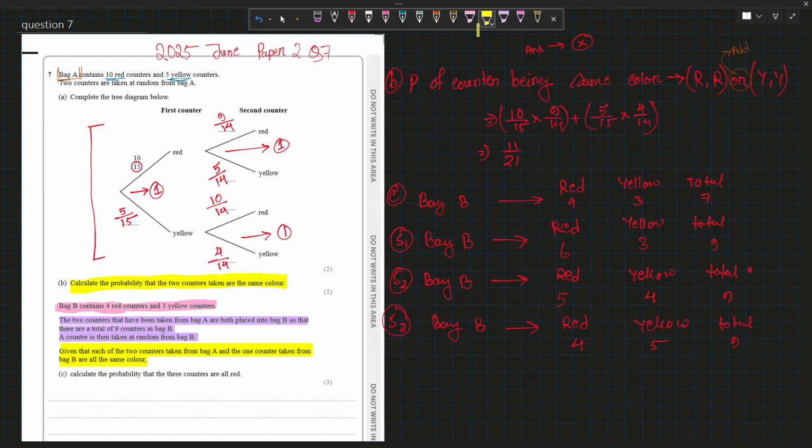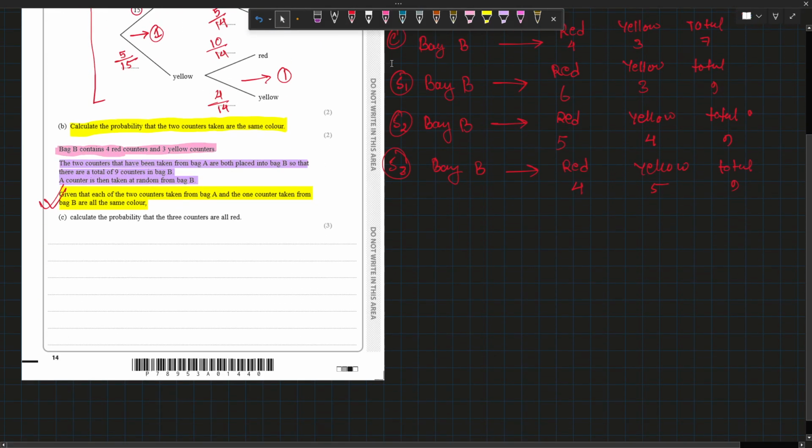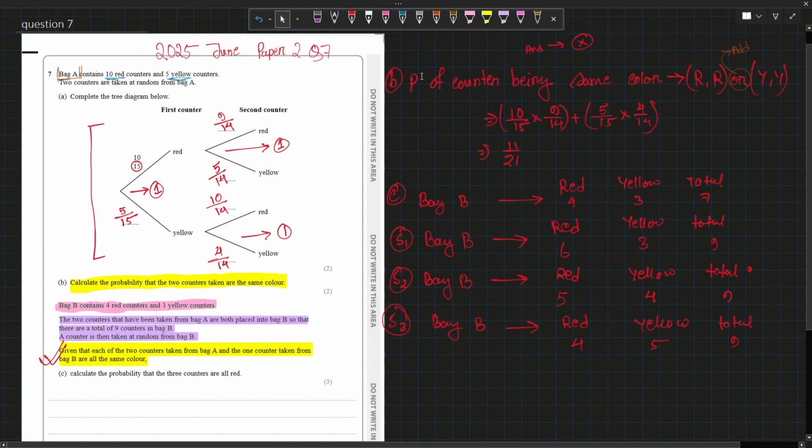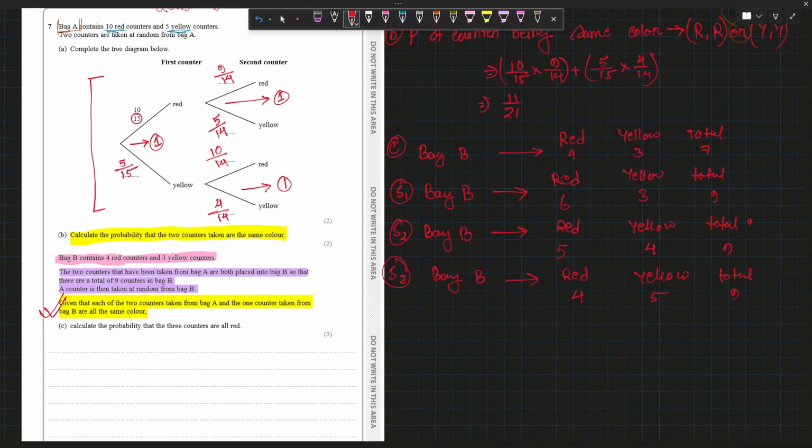Here they're telling us what the probability could be of all of these being the same color. Let's find out. I have to find all of them being the same color, so let's write the probability of all being the same color.